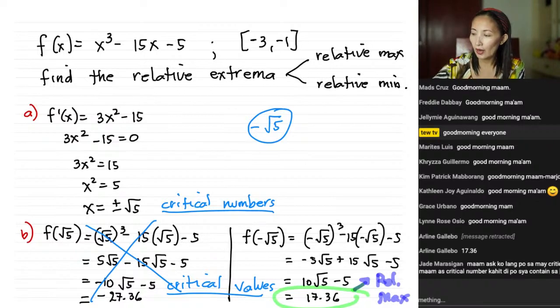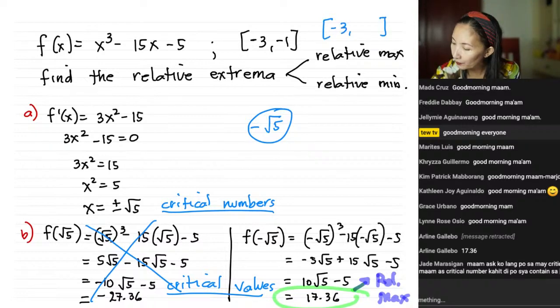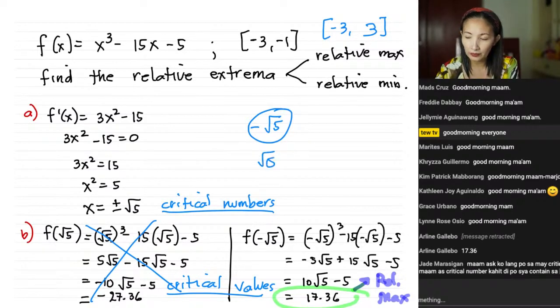However, if I change the interval into, let's say, from negative 3 to positive 3, then we could include square root of 5. I hope that is clear now.